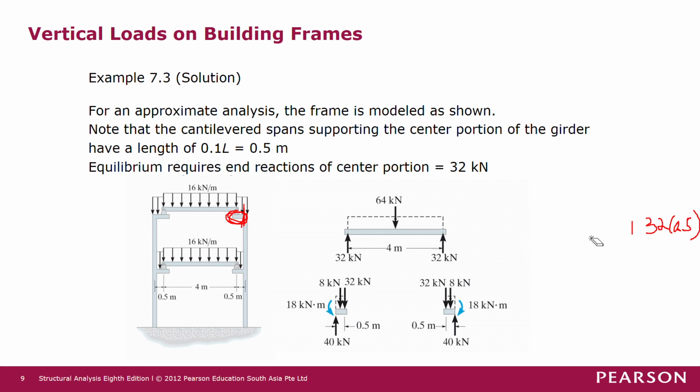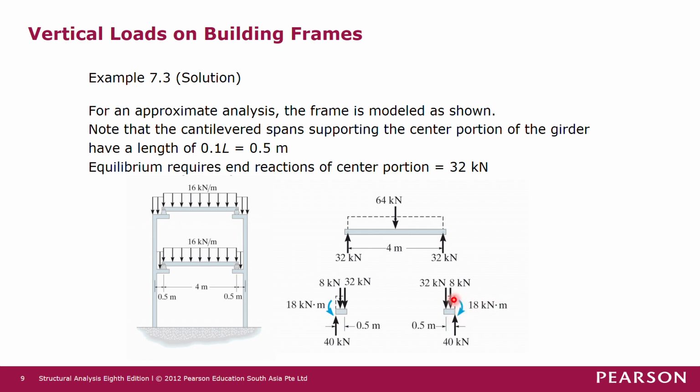Okay, similarly we can also cut across a section here and isolate this as another cantilever beam that looks like this. And this is exactly a mirror image of this, meaning that all these are opposite.